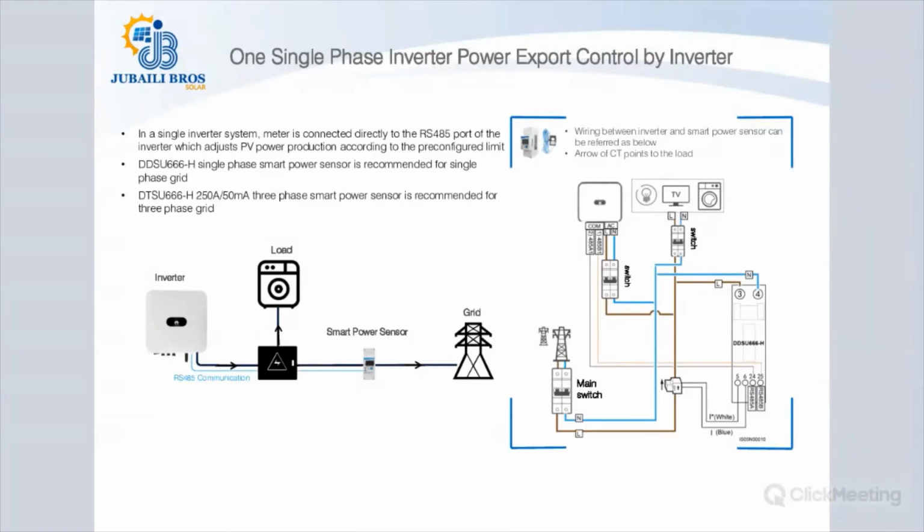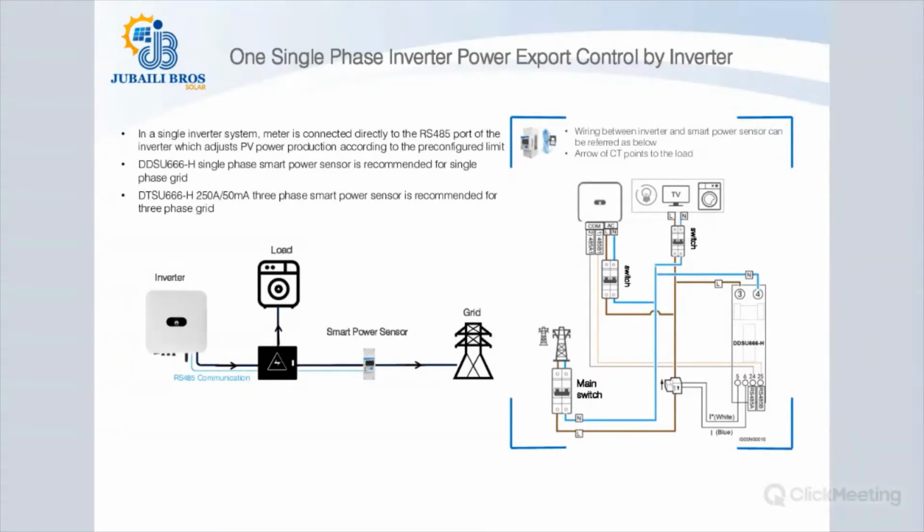And the power sensor comes with current transformers already included in the package. The current transformers should be installed and clipped to the voltage lines at the grid connection point and should be facing upward toward the load direction.